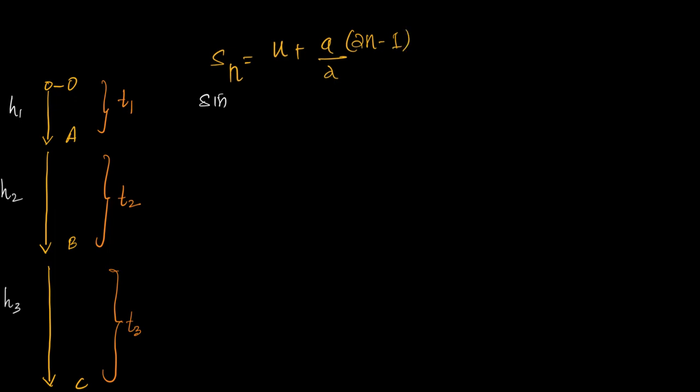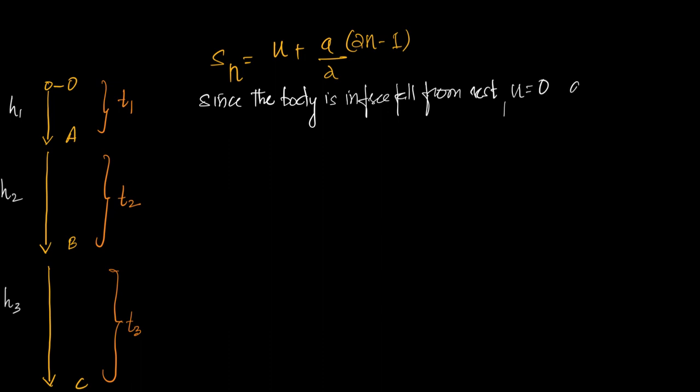Now, since the body is in free fall from rest, what can we say? U is equal to 0 and A is equal to G. In which case, Sn would be equal to G by 2 into 2n minus 1. So, what is S1?